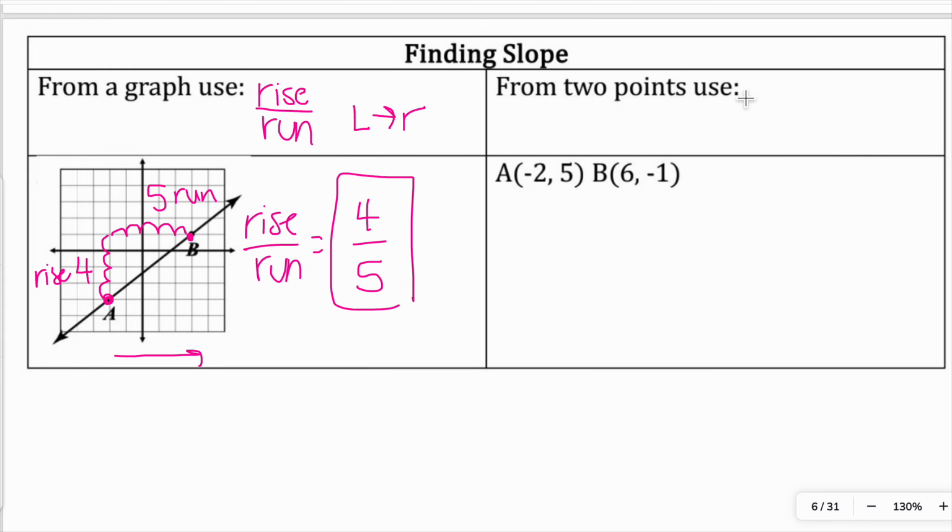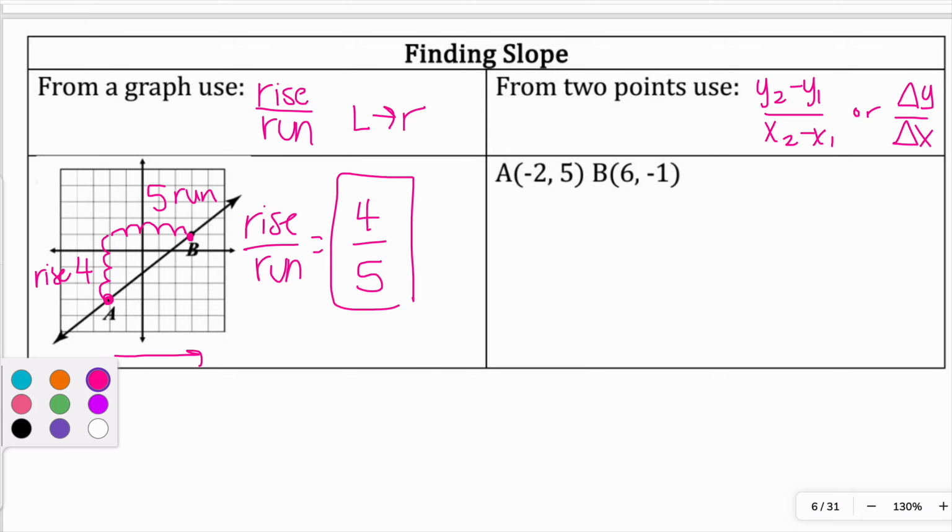If I have 2 points, I'm going to use my slope formula of y2 minus y1 over x2 minus x1. Another way you could use 2 points is to think about how y is changing over how x is changing. Let's look at that example here. In points A, B, I have x1, y1, and in point B, I can say that's x2, y2.